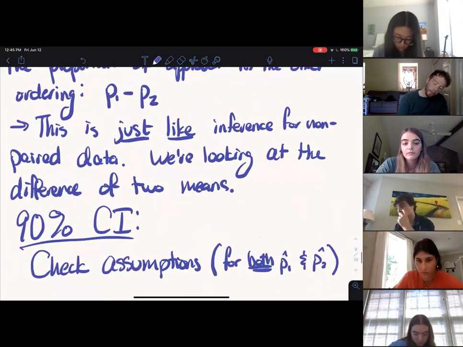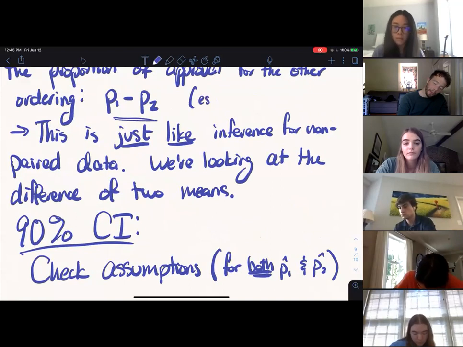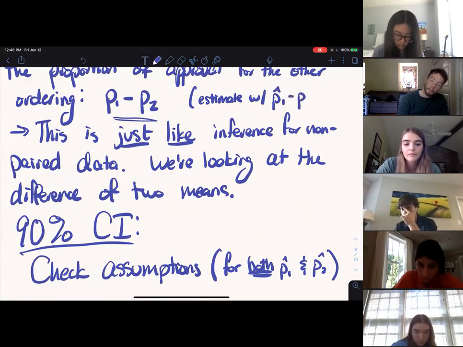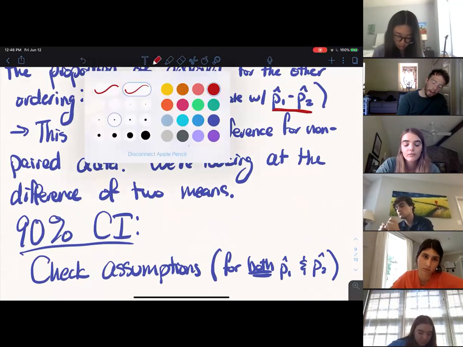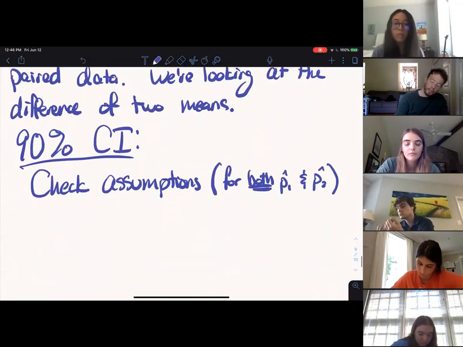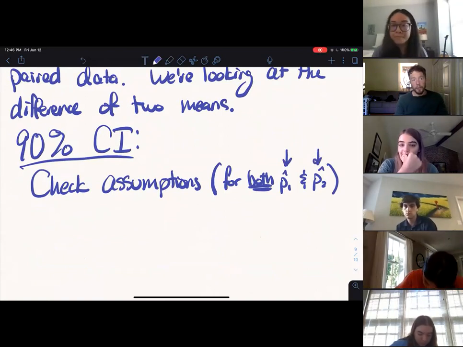We're making inference on P1 minus P2, so we're going to estimate it with the only thing we have, the difference of the sample proportions. And we want this value to be normally distributed. You can just check that each of these is individually normally distributed, and if they are, their difference is also going to be normally distributed. This was the same thing we covered when we did inference for non-paired data.